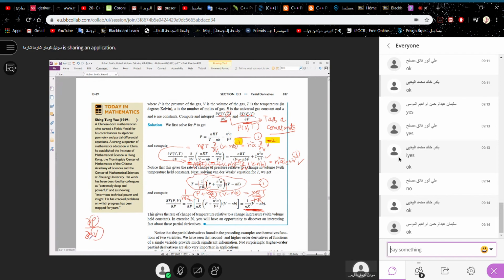And when we say del T upon del P, this is the rate of change in temperature relative to change in pressure. Okay? Okay or not okay?